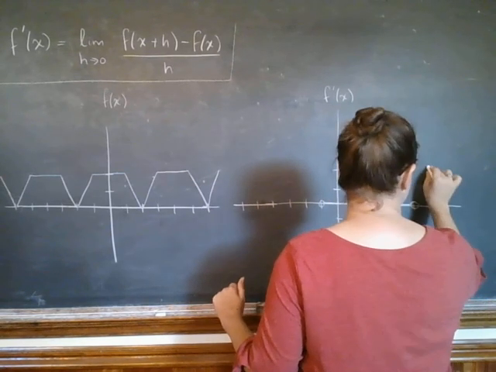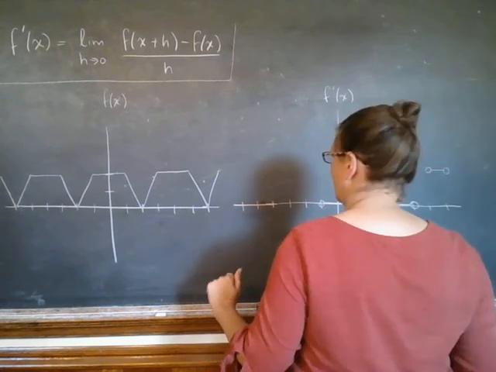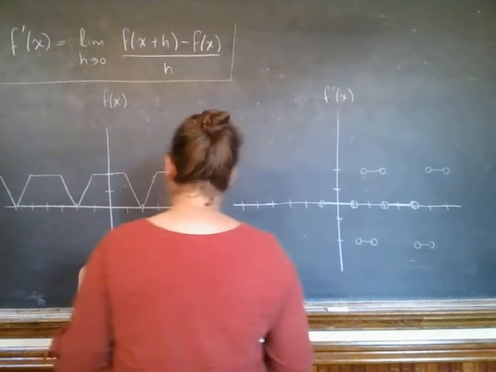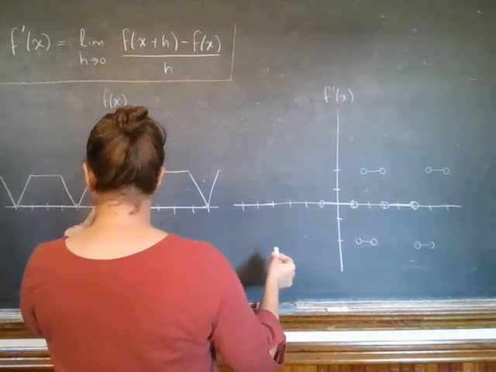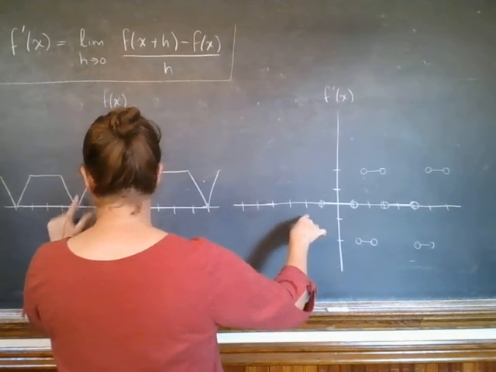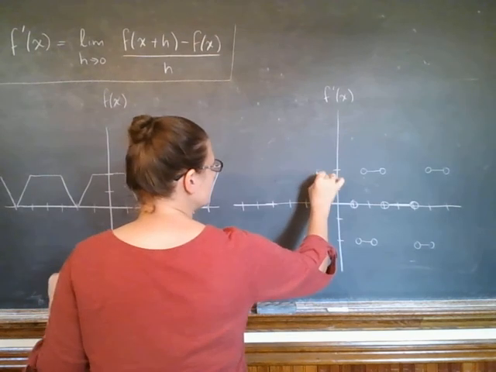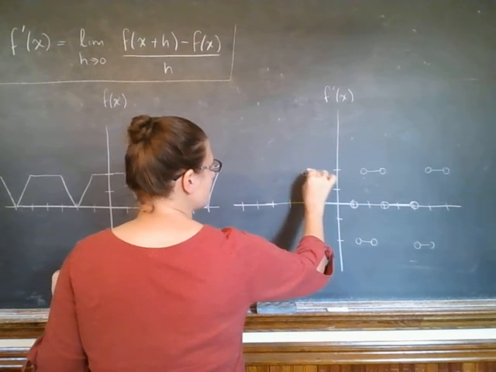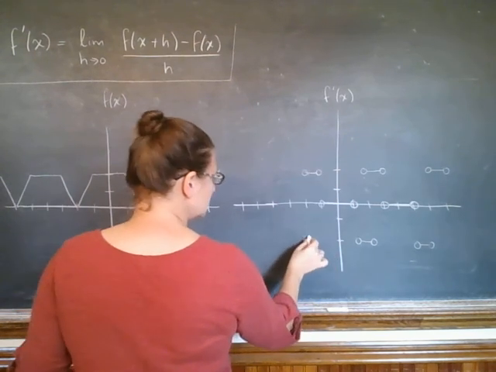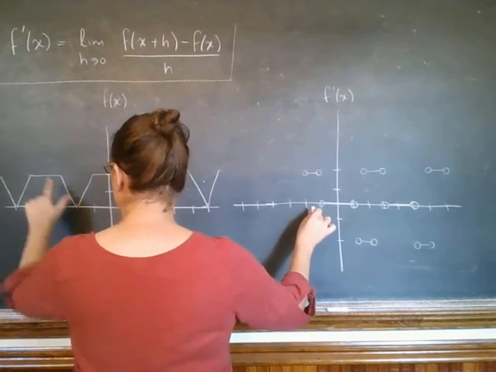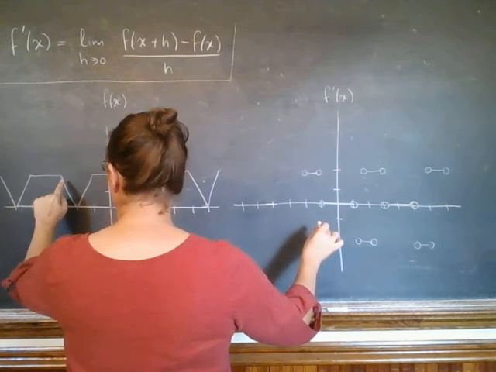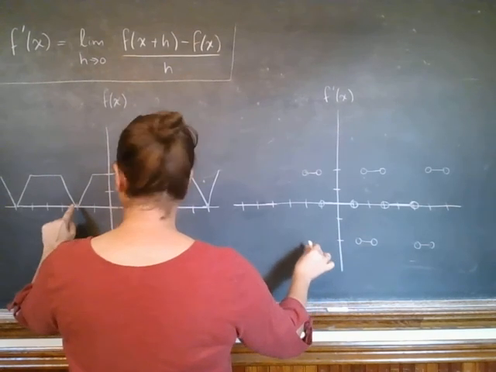Looks like I've got +2. And then the same thing over here. This is from -1 to 0. I've got +2. Here I've got 0, but I forgot that I need to do the -2 part.